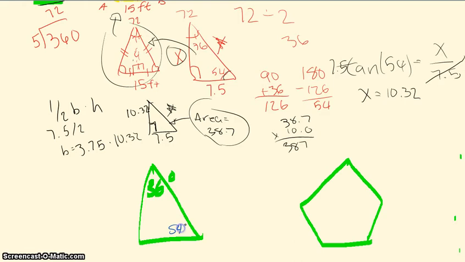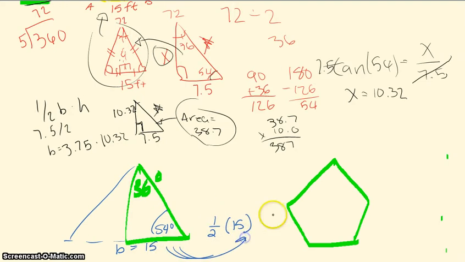So you still needed a base, only maybe you used a base of 15. So 1/2 base, which was 15, times height, which was 7.5 tangent 54, gave you the area of 1/5 of the figure.